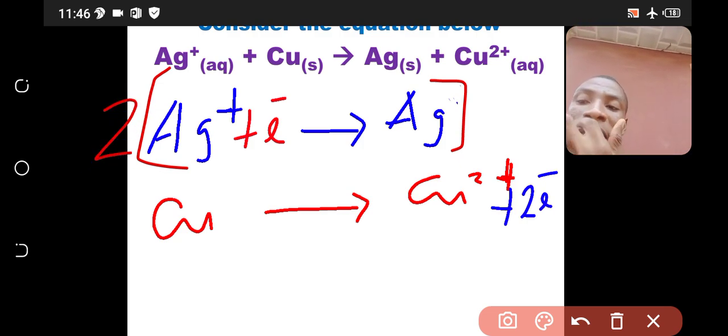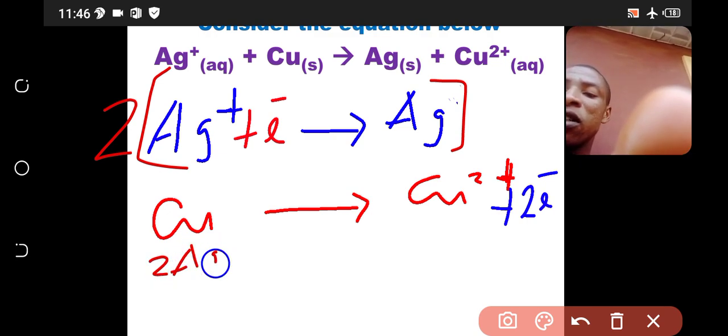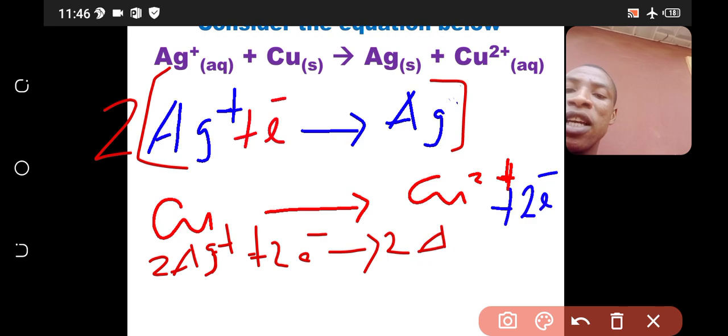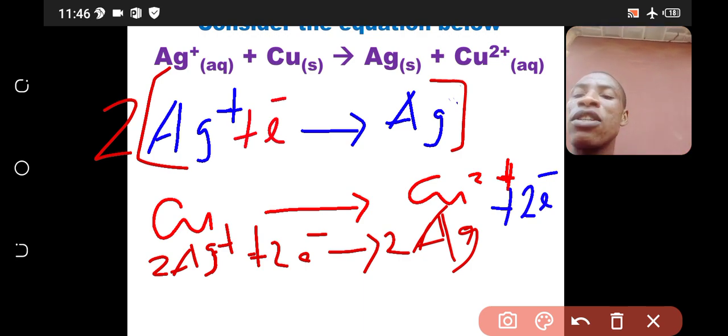When you do that, it gives you 2Ag+ plus 2e- giving us 2Ag. So I've already multiplied the first equation by 2, and it's giving me this particular answer.